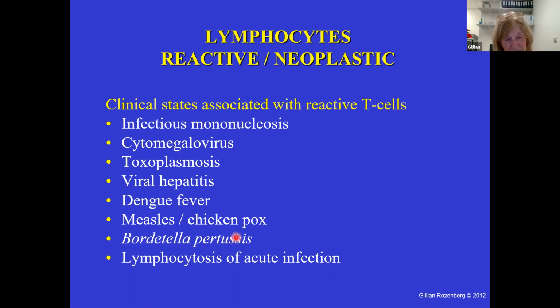And Bordetella pertussis is in italics because it is actually not a viral infection. It is a bacterial infection. But most of the textbooks will refer to the lymphocytes in Bordetella pertussis as being reactive.